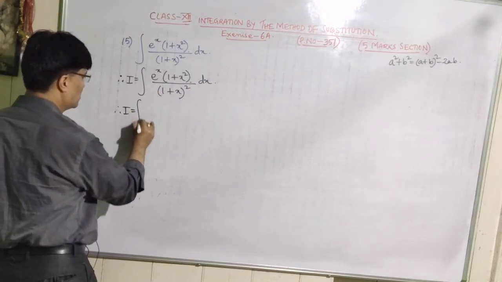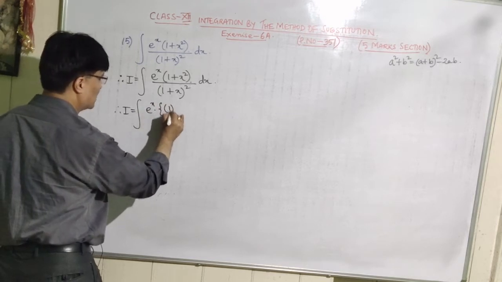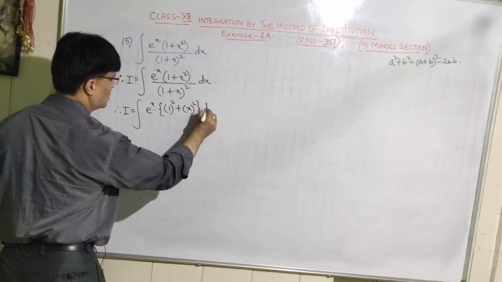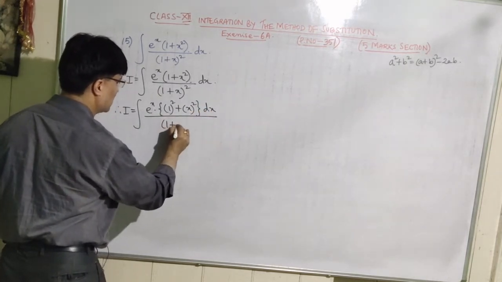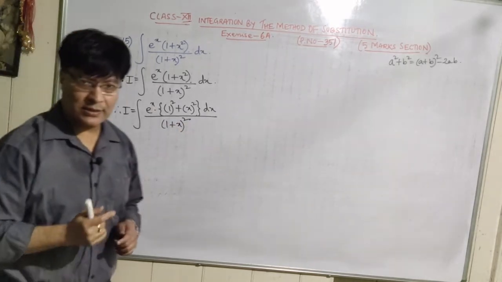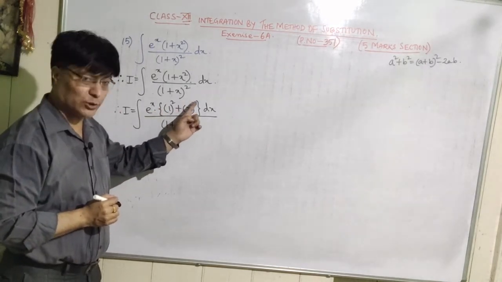I is equal to integration of e to the power x within second bracket, it is 1 whole square plus x whole square dx, whole divided by, this is 1 plus x whole square. Right? So now in the numerator this is 1 whole square plus x whole square.